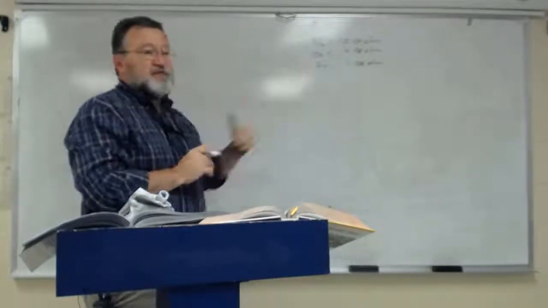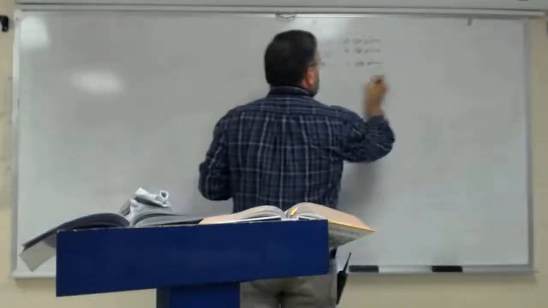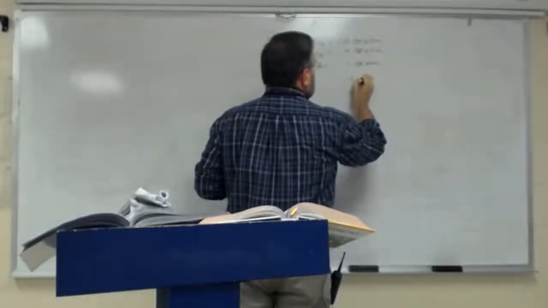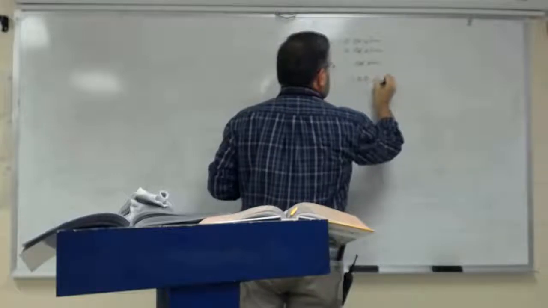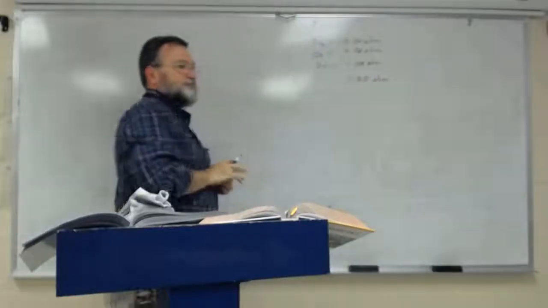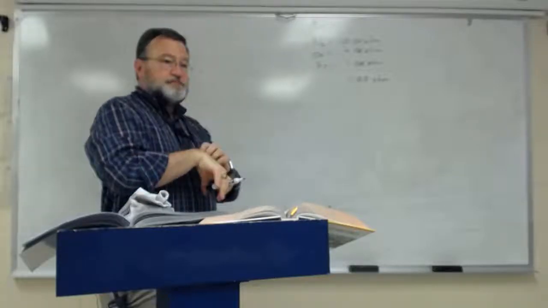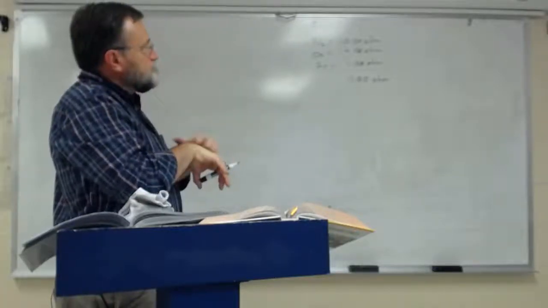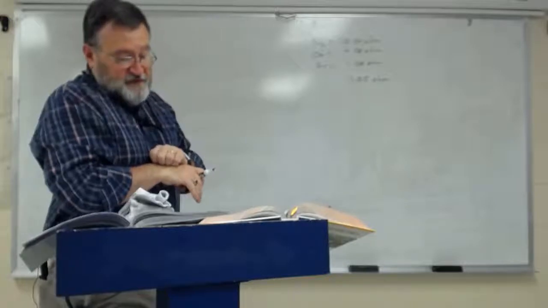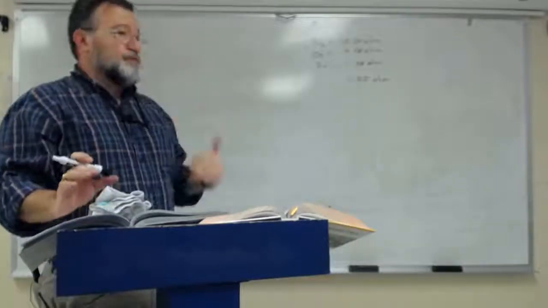So there are 15 atmospheres total. That's the first part of the question. What's the total pressure in the vessel? The second part is, what is the mole fraction of each gas?